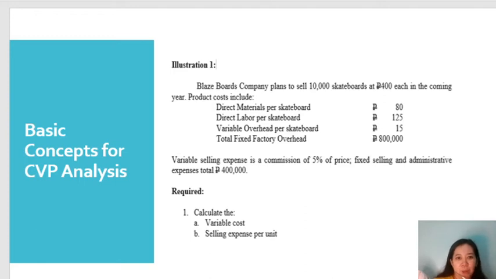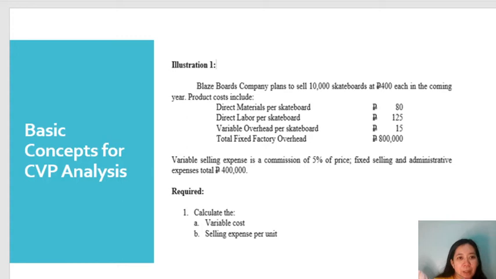Okay, so for our illustration, we will use the problem for Blaze Boards Company. Here, they plan to sell 10,000 skateboards at 400 pesos each in the coming year. The production costs include the following.